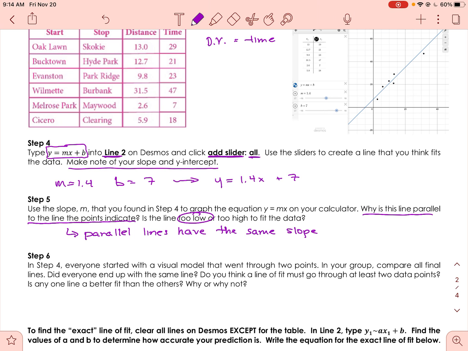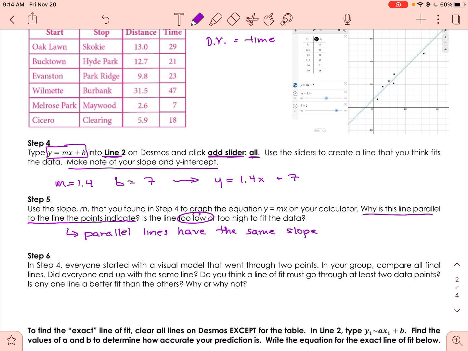So in step 4, everyone started with a visual model, and that went through 2 points. In your group, we compared all of our final lines. Probably if we compared all of our lines, we would find that our values for m and b were a little different. So it says, do you think a line of fit must go through at least 2 data points?